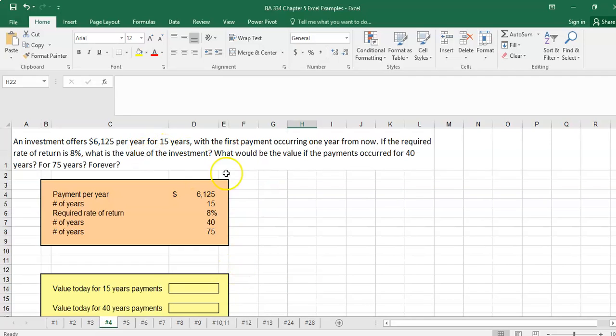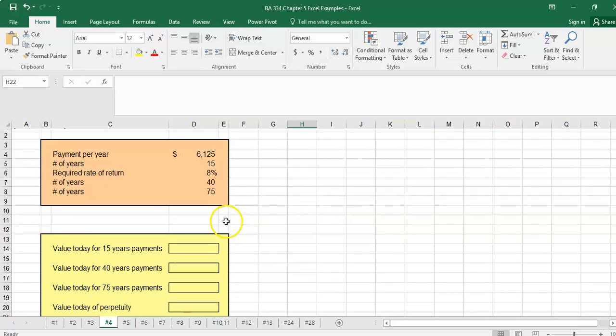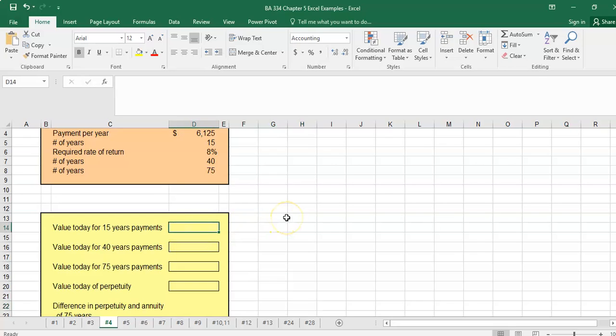Example number 4. So we have an investment that offers $6,125 per year for 15 years. The first payment occurs a year from now, so at the end of the period, which makes it an ordinary annuity. If the required rate of return is 8%, what is the present value of the cash flows?